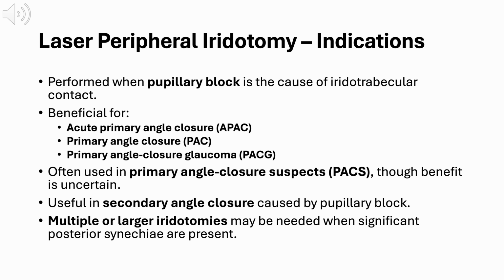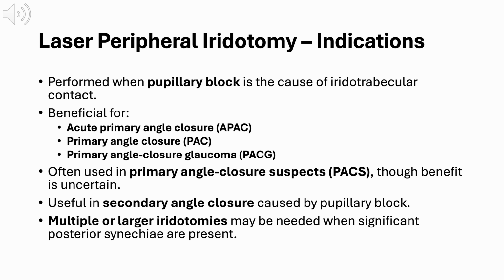Now that we've outlined how an iridotomy relieves pupillary block, the indications fall into place. We use LPI anytime that block is the driver of iridotrabecular contact. That includes the full spectrum of primary angle closure disease, from an acute attack to primary angle closure to established primary angle closure glaucoma.